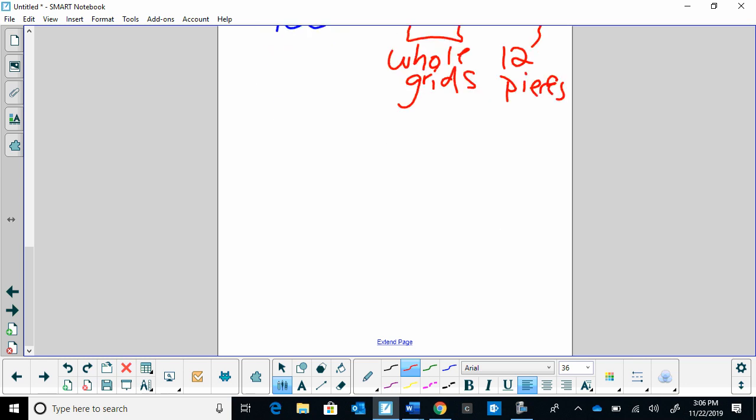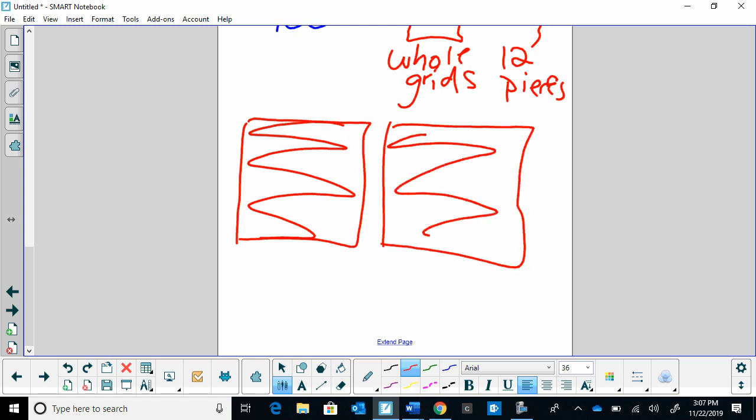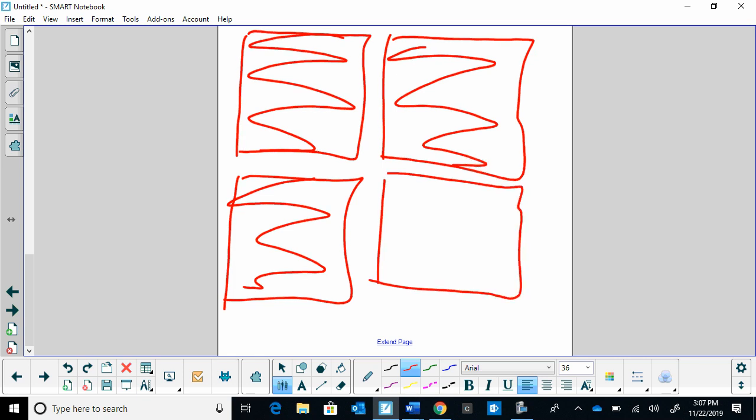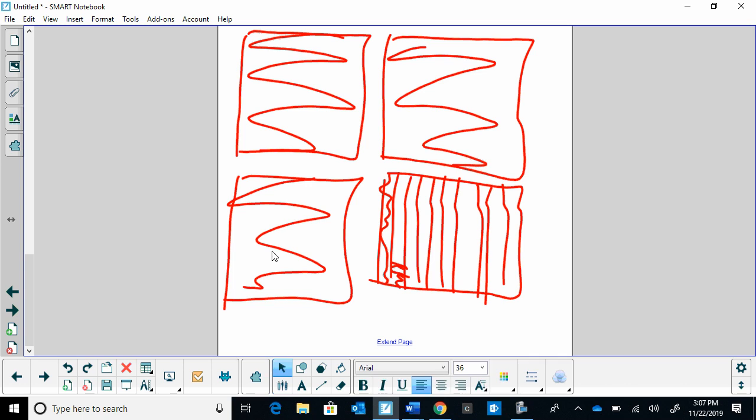If we were drawing this roughly, I'd have a whole grid colored in, another whole 100 grid colored in, another whole 100 grid colored in, and then I'd have 12 pieces: 3, 6, 10, and I'd color in 10 and 2 more pieces. That would represent 312%.